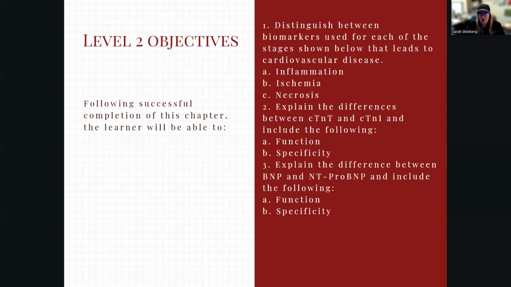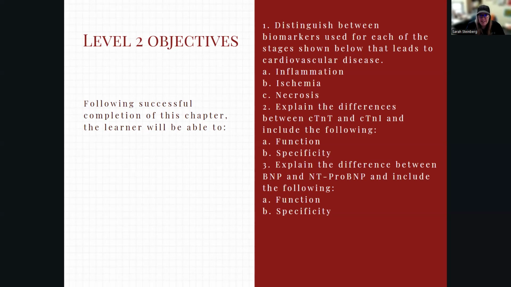In our level 2 objectives, level 2 essentially is hitting them a little bit differently, at a higher level. So in our level 2, we're distinguishing between the biomarkers used for each of the stages shown below that lead to cardiovascular disease. And again, I'll let you guys read A through C. Explain the differences between cTnT and cTnI and include the function and specificity.